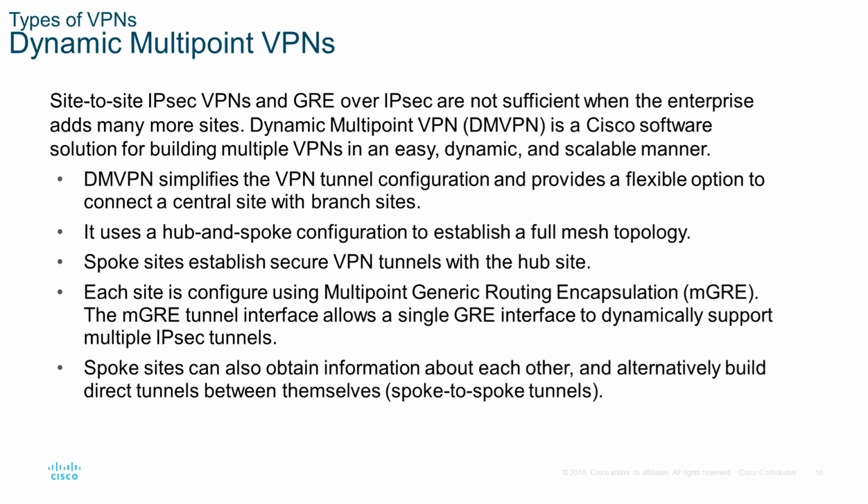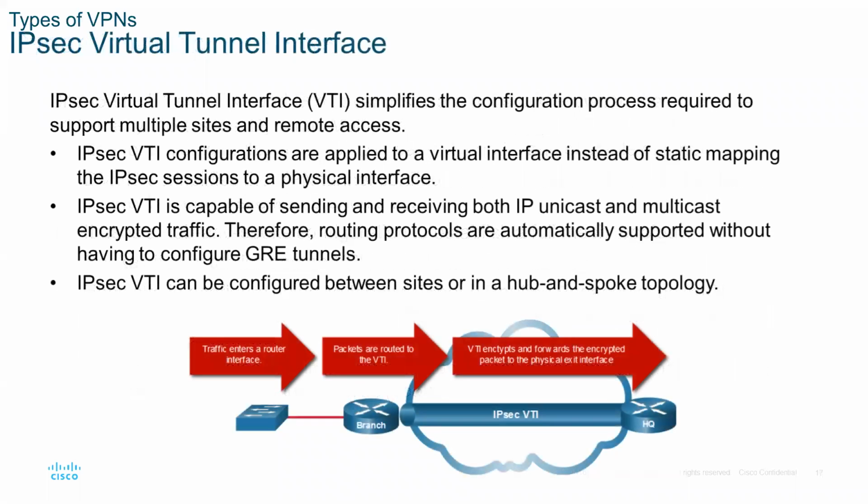Now, it's a little additional version. It's the multi-point GRE, but it's the same principle. What we're doing is putting a tunnel inside another tunnel that allows us to do multiple spoke-to-spoke tunnels within a hub and spoke environment. So basically, an IPSec virtual tunnel interface is set up to allow this to occur.